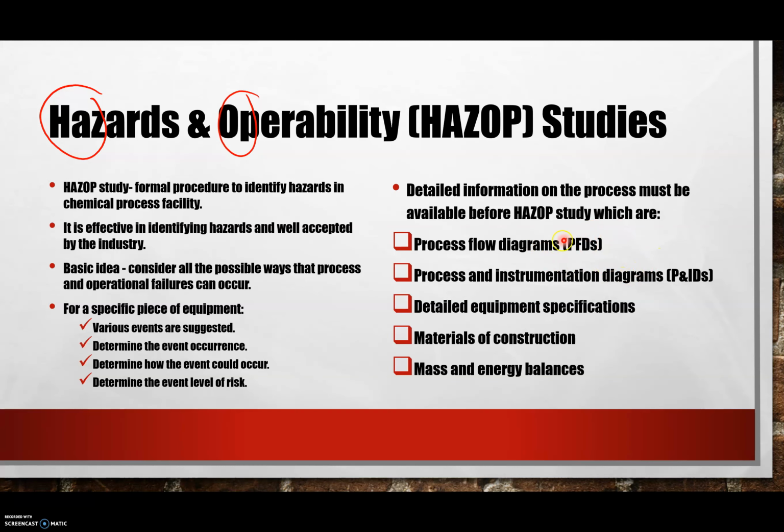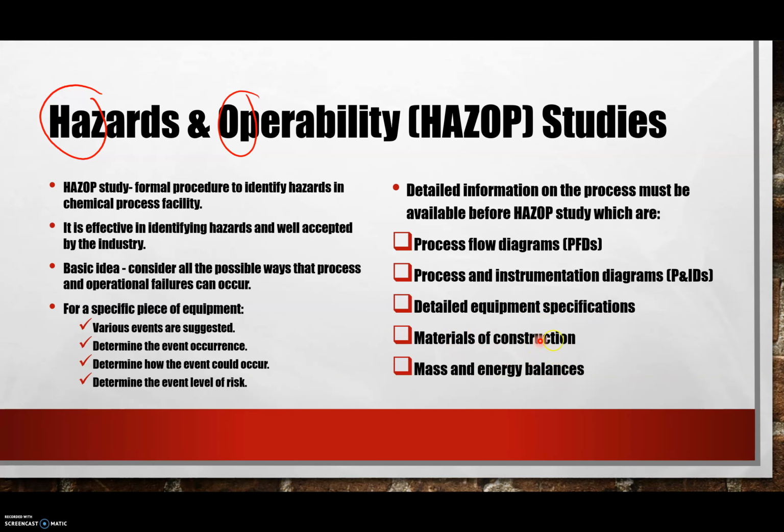Don't make a mistake between PFD and PNID. You have your PFD, then you have your PNID. After you have your PFD and PNID, you could also have your detailed equipment specification, your material of construction, and also mass and energy balance.